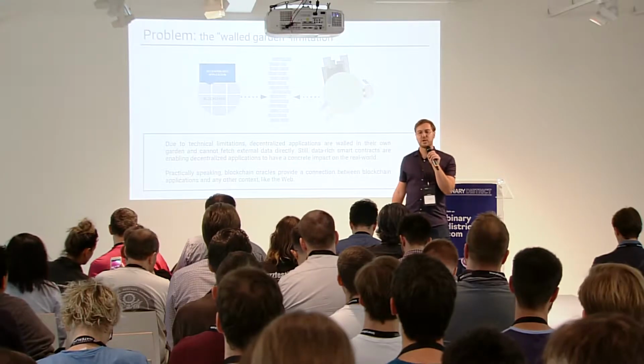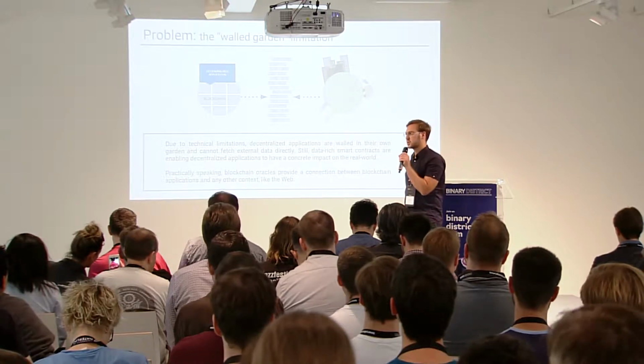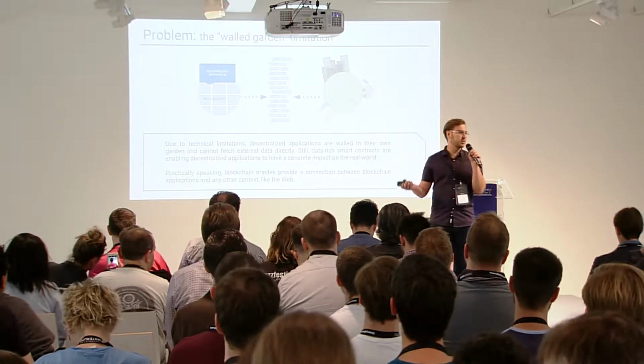So the idea is: how can we verify external conditions in a way which doesn't compromise the security model of the blockchain? Let's say that we have an application on the blockchain. It may be a simple payment, it may be a smart contract, anything really, which wants to check some external conditions, such as the temperature in Berlin.